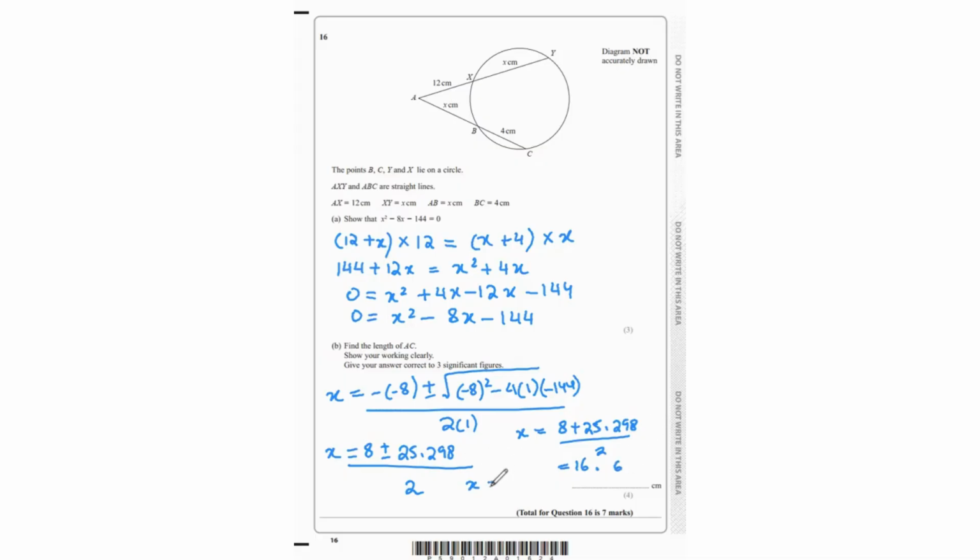And the other one is going to be 8 minus 25.298 divided by 2, which is negative 8.64. Obviously, we can't take the negative value, so it's going to be the positive one. So AC is going to be 16.6 plus 4, which is equal to 20.6. That's the value of AC correct to 3 significant figures.